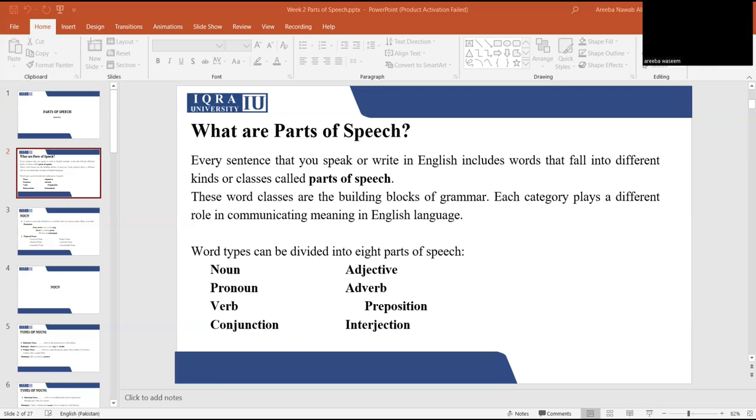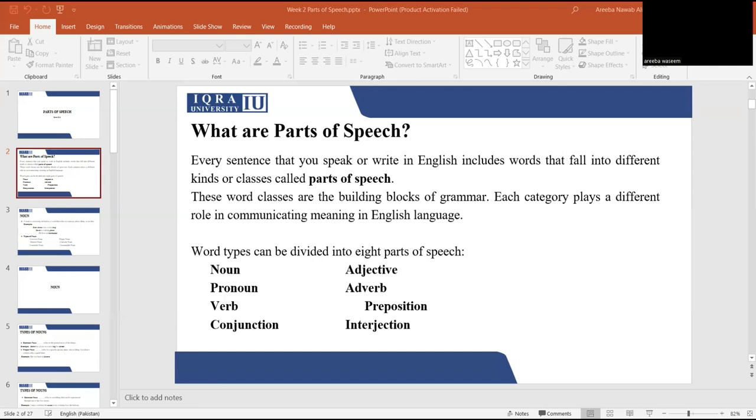So, what are parts of speech? Every sentence that you speak or write includes words that fall into different kinds of classes called parts of speech. Those word classes are the building blocks of grammar. Each category plays a different role in communicating meaning in the English language.